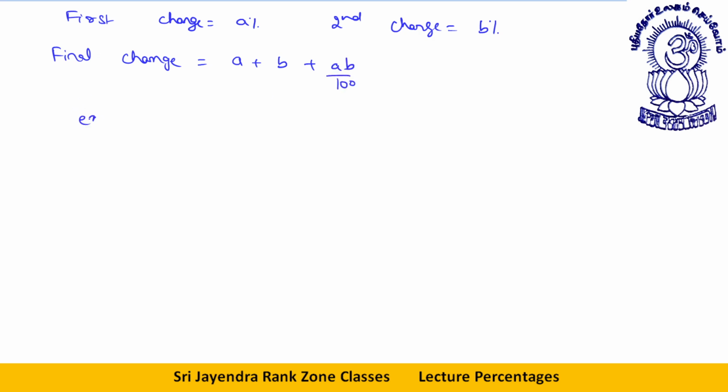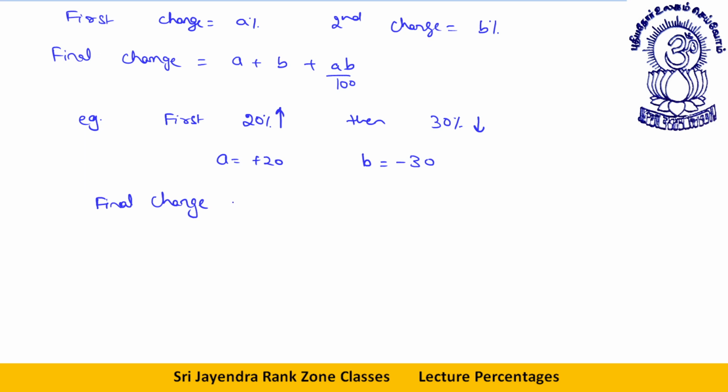Suppose I say first there is a 20% increase, then there is a 30% decrease. Here what is A? A is equal to plus 20, B is equal to minus 30. So what will be the final formula for final change percent? That will be A plus B plus AB by 100.